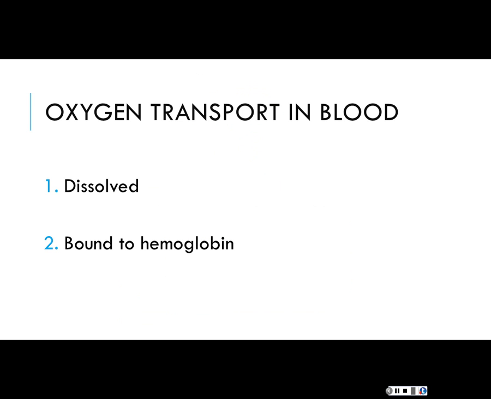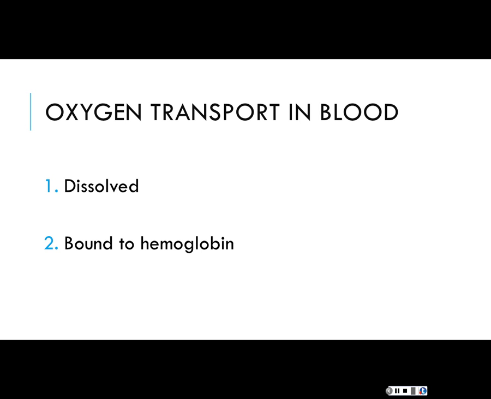There are two ways that oxygen is transported. The fair share of oxygen just diffuses into our red blood cells and binds to hemoglobin as expected. However, some of it will dissolve in your blood plasma as just oxygen, not bound to anything. However, oxygen is not very soluble.